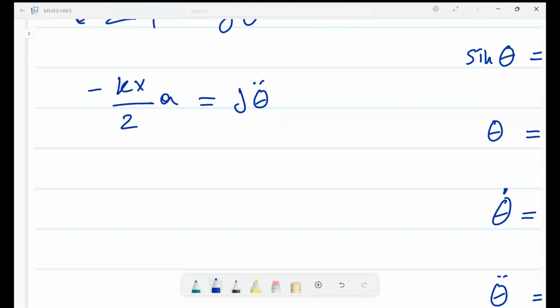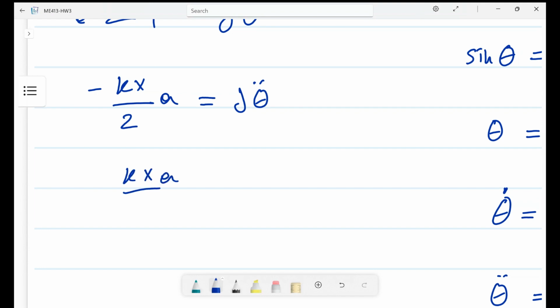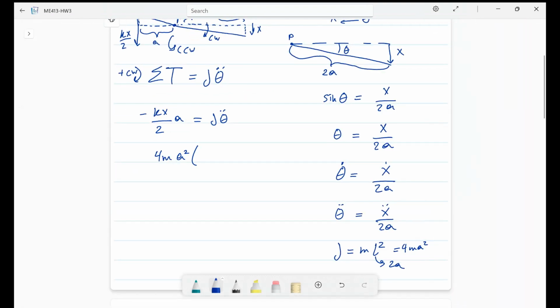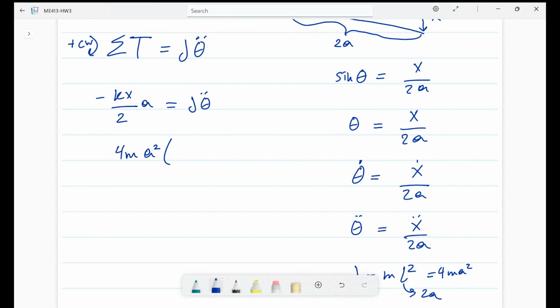Plugging back the equations, we will have 4ma square multiplied by x double dot over 2a, plus kx over 2 multiplied by a, equal 0.